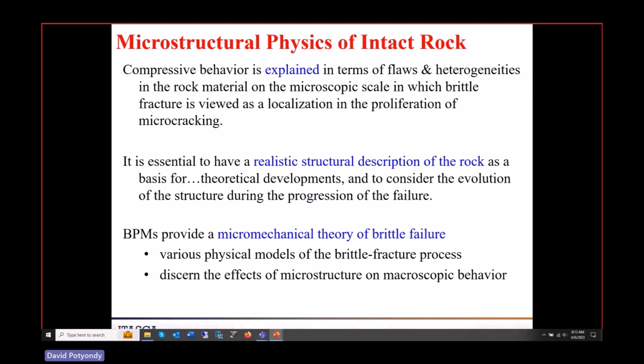And they allow you then to change microstructures and see what effect it has, right? So you can do experiments. So this is the key point about this. I would argue that these types of models can actually explain the brittle failure process.